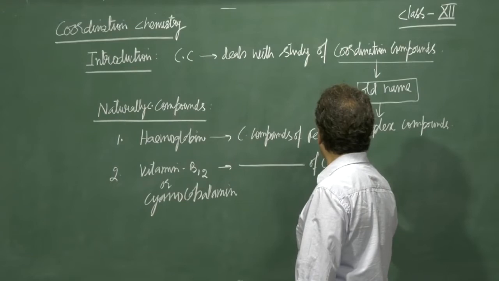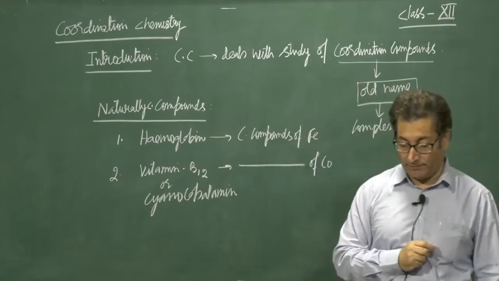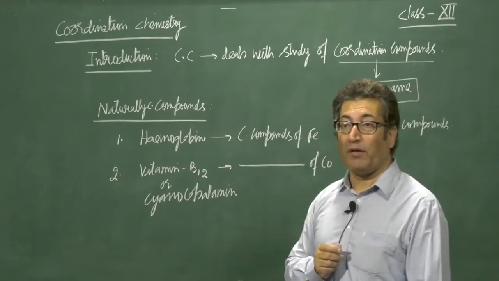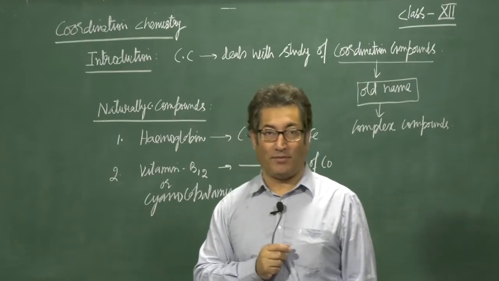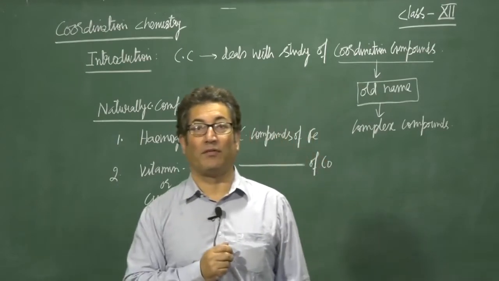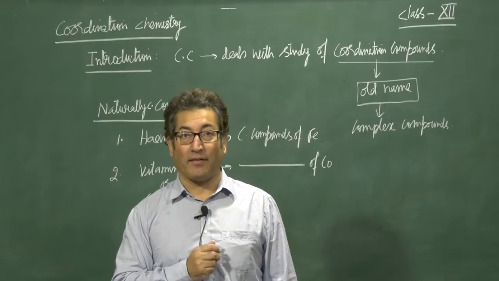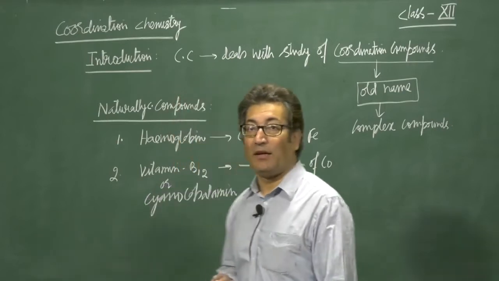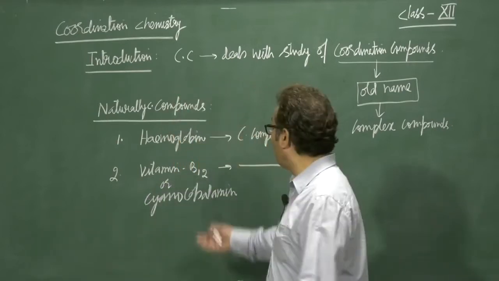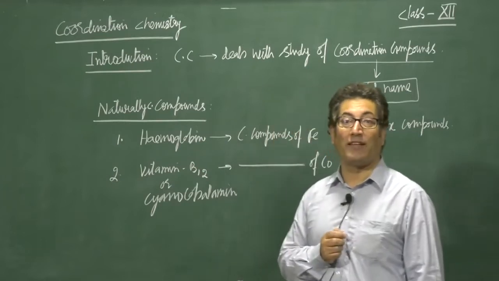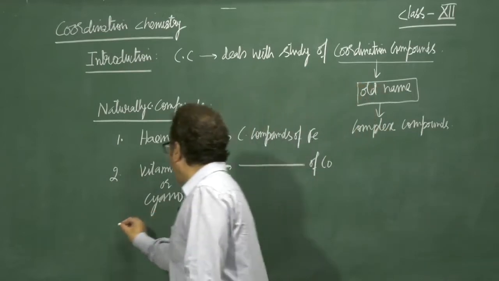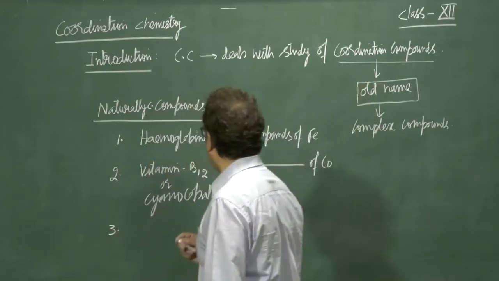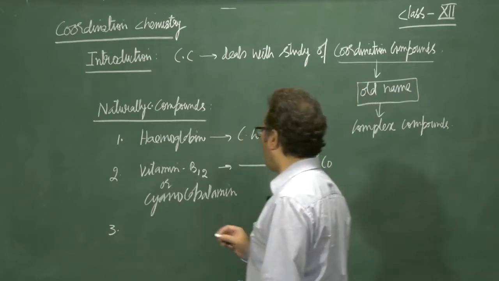That's why it's called cobalamin, and it has uses. In our body, vitamins act as coenzymes. There are many biological processes which are catalyzed by enzymes, and for the enzyme activity, these vitamins act as coenzymes. The third one is chlorophyll.